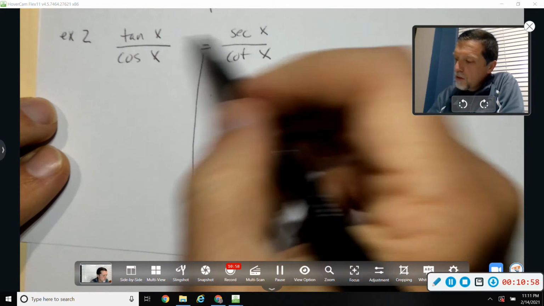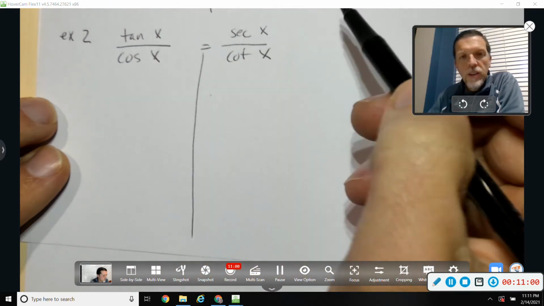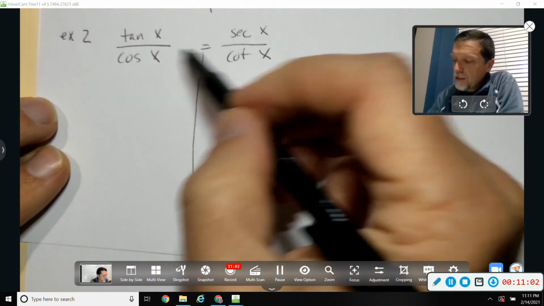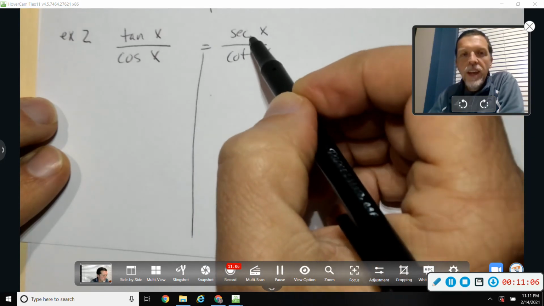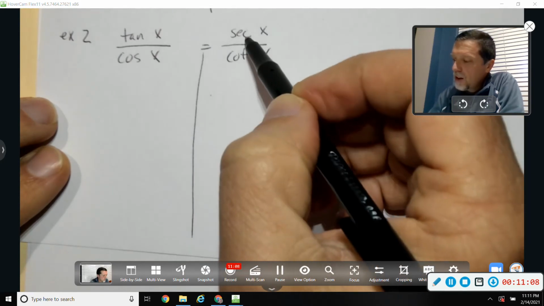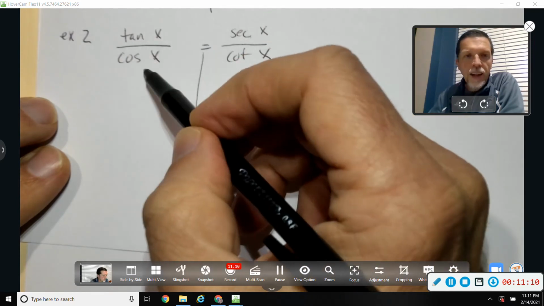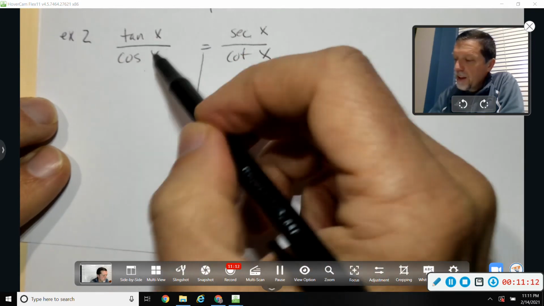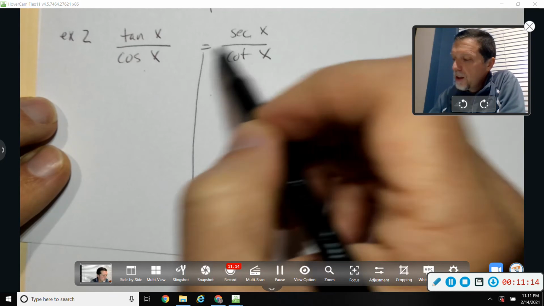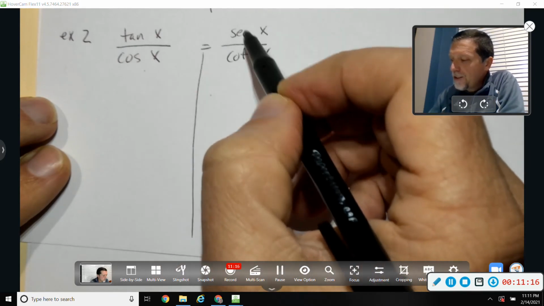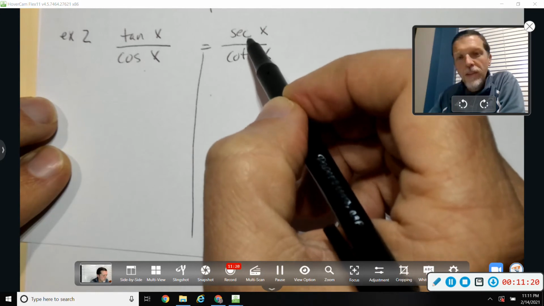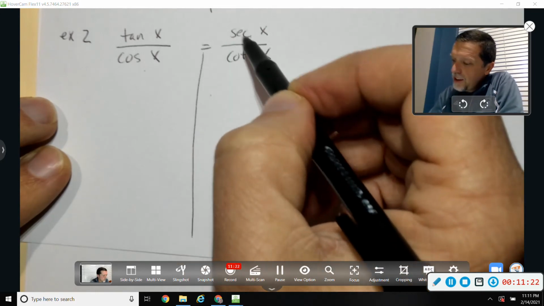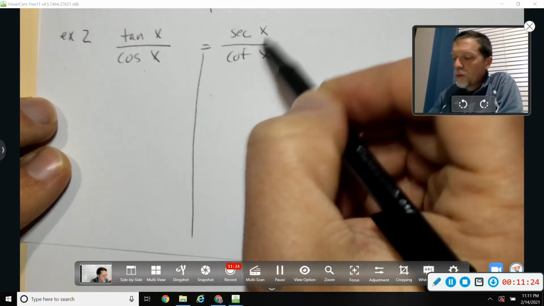Both sides have two trig functions, so I don't know which side's more complicated on that, but I would certainly say that secant and cotangent are both more complicated than tangent and cosine. So again, you can pick either side to work on, but I think secant and cotangent are kind of weird. So let's work with those and see if we can turn this side into this side. This time we're going to work on the right hand side.